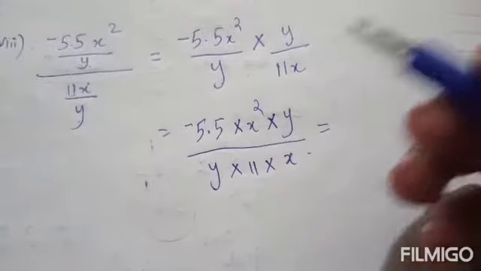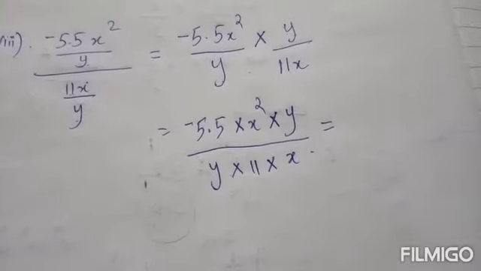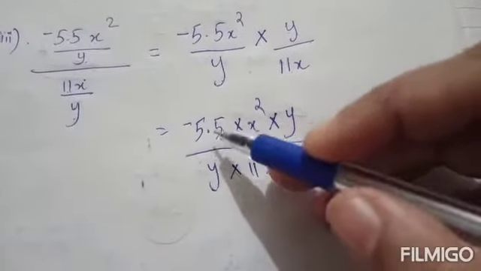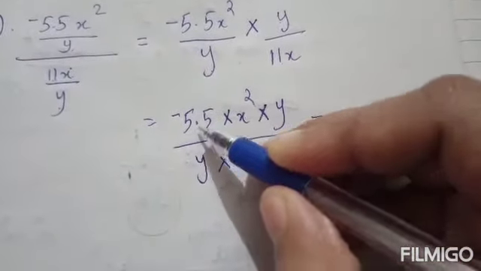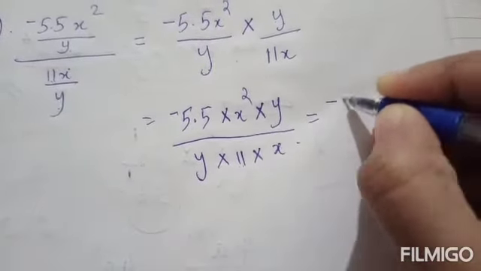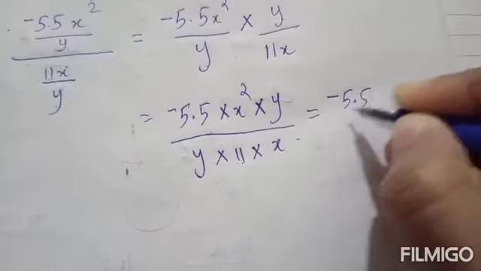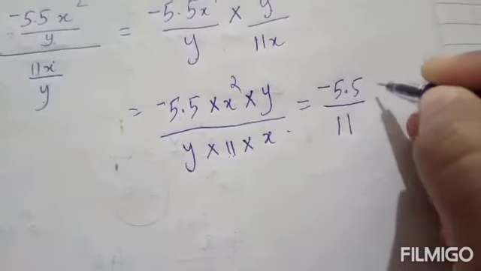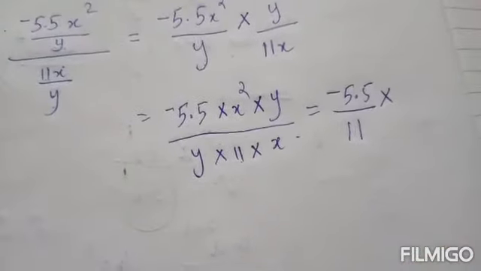Now you can group constants first. So here minus 5.5 and in the denominator it is 11. So you can group minus 5.5 by 11. In this way you can write.